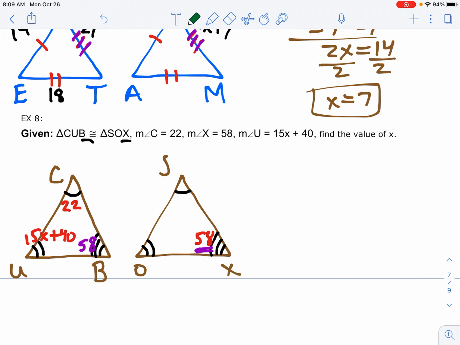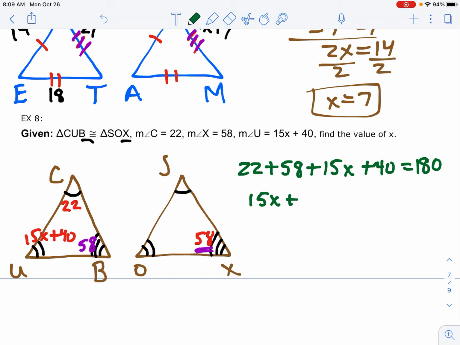Now I notice that the triangle CUB has to add up to 180, so I can take everything inside, 22 plus 58 plus 15x plus 40, and that has to add up to equal 180 inside a triangle. All right, combine like terms.